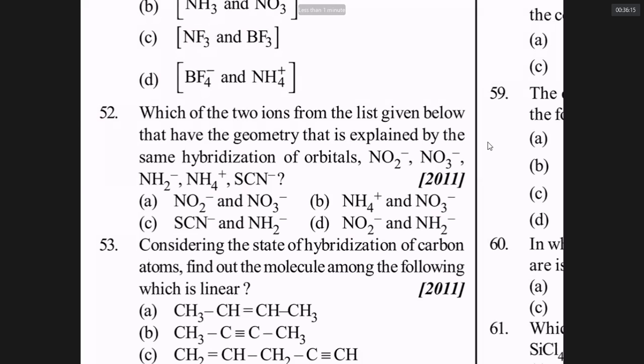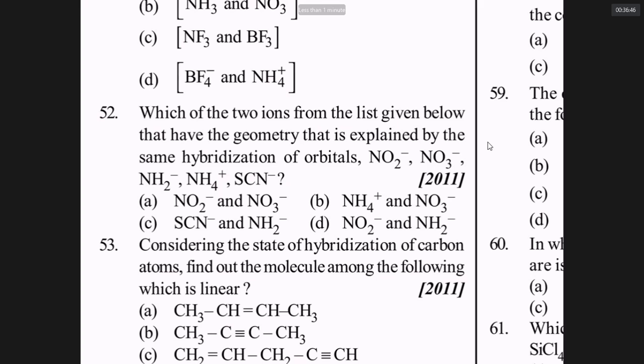Option A. If you look at B, NH4 plus is AB4 type, sp3 hybridization, and NO3 minus is AB3 type, sp2 hybridization, so they differ. SCN minus is a complicated case where C is the central atom bound to two atoms, S and N. That is complex, but that is linear.